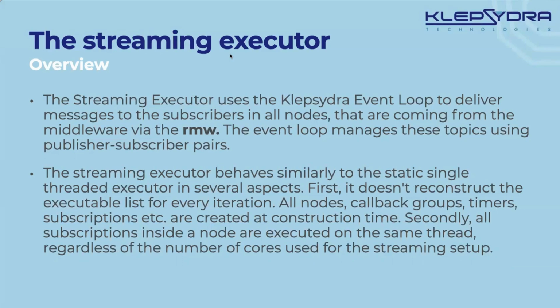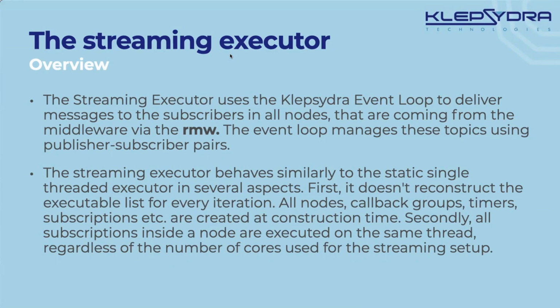So when we receive messages from the RMW, they won't be sent directly to the nodes or the subscribers. They will be stuffed into the event loop, which will then be in charge of releasing these messages to the different subscribers. This is quite important, and we use the concept of publish subscriber here, which is not the same as the publisher subscriber in ROS, because that is connected to the middleware. In this case, it's connected exclusively to the event loop.